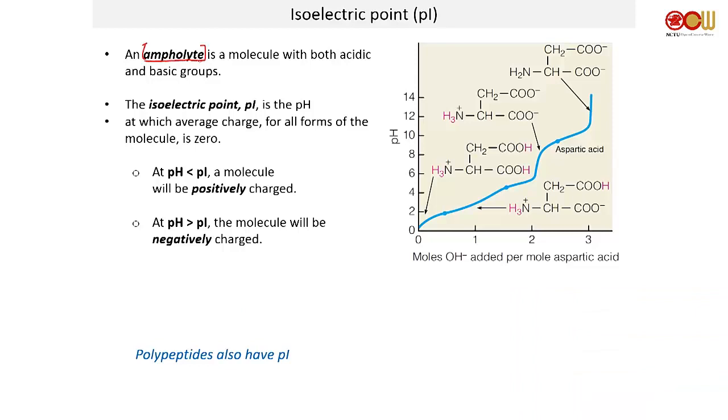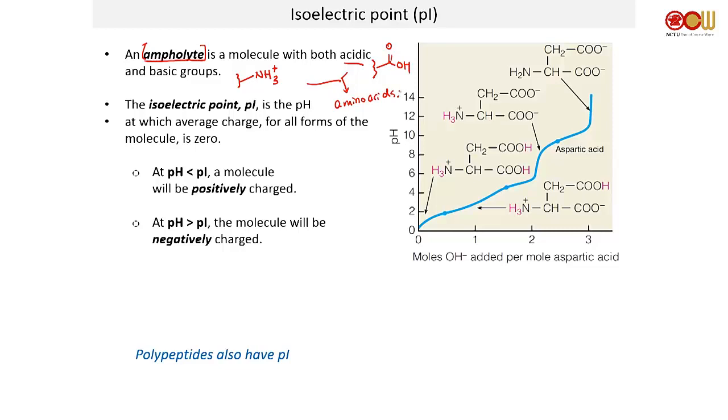Ampholyte is a molecule with both acidic and basic groups. The acidic group is talking about organic acid, and the basic group is talking about this guy right there. So if you look at those two, what do you think? We are going to be talking about amino acids.